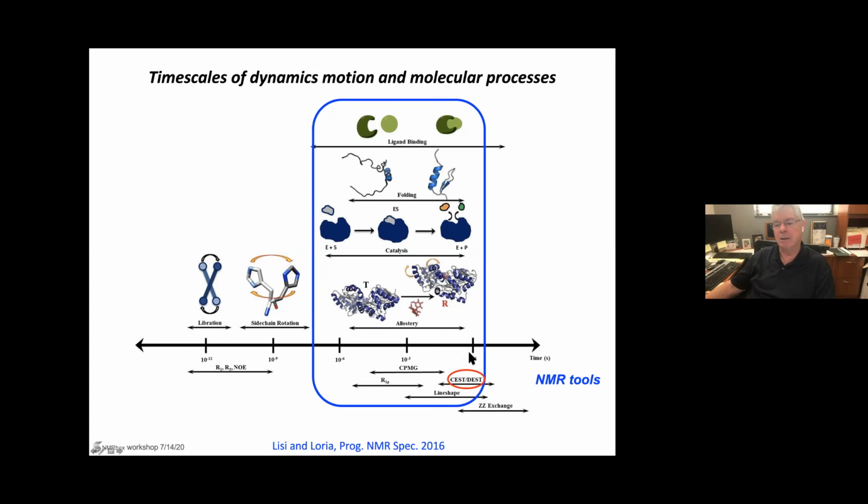And these are in the milliseconds to seconds range. These are really the slow processes. And in the faster processes, in the microsecond to millisecond range, is really the domain of Carr-Purcell-Meiboom-Gill relaxation dispersion, and also R1rho, okay? And it's this area in the purple box that we're going to focus on today.